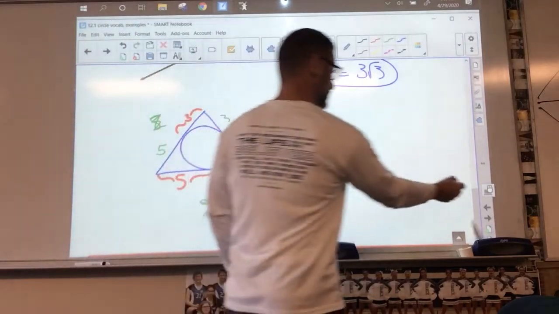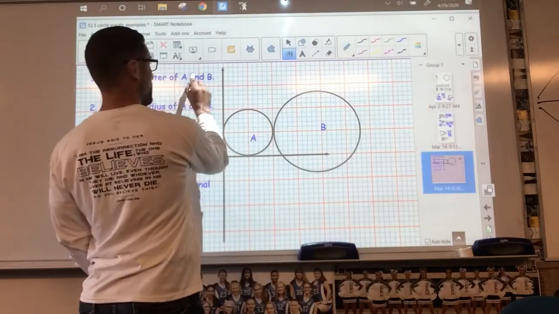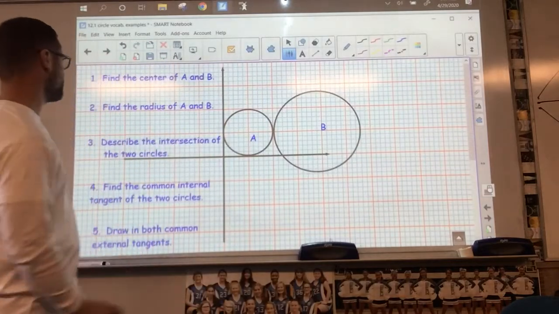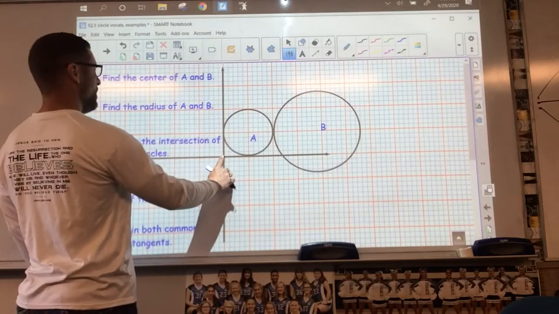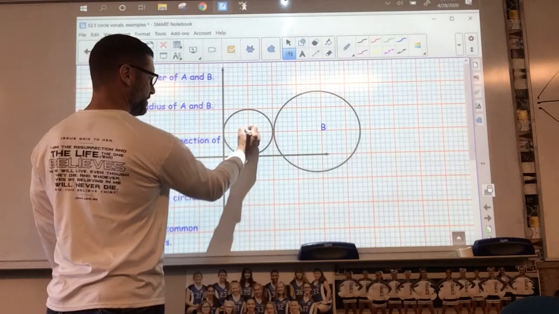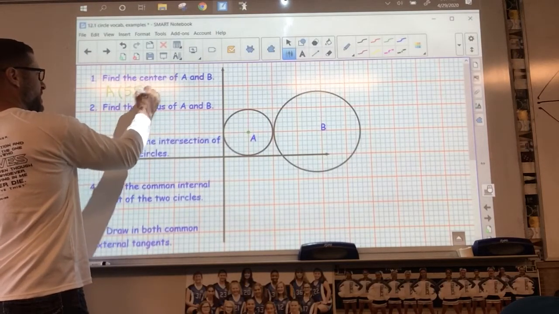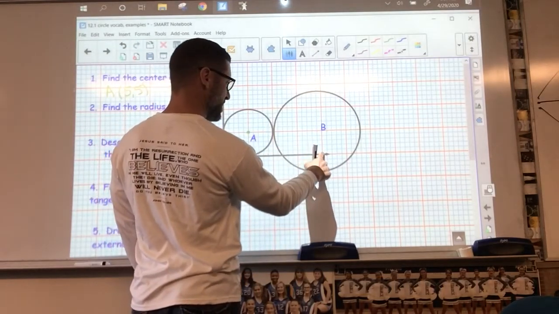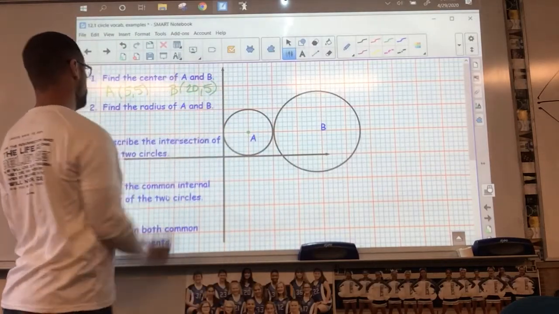Okay. Those circle theorems also can go on to a set of problems like this where we're on a coordinate plane. Number 1, find the center of A and B. All right, well, the center of A is 1, 2, 3, 4, 5. 1, 2, 3, 4, 5. A's center is at 5, 5, and B's center is at 5, 10, 15, 20, up 5, B is at 20, 5.